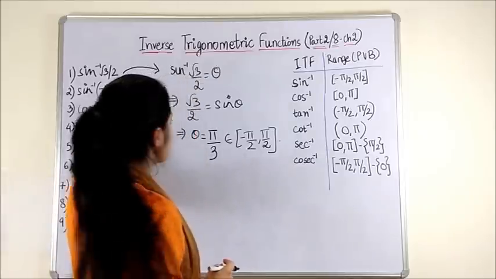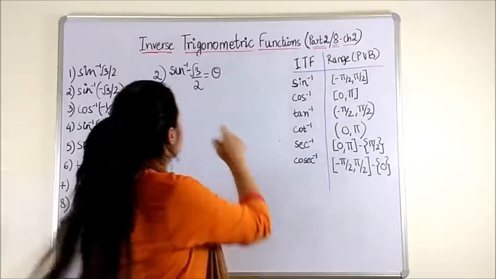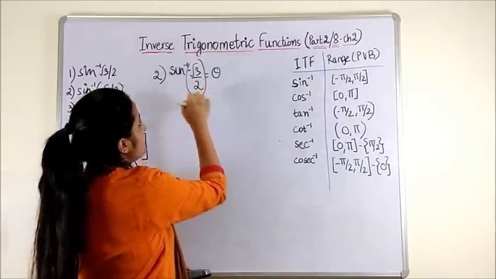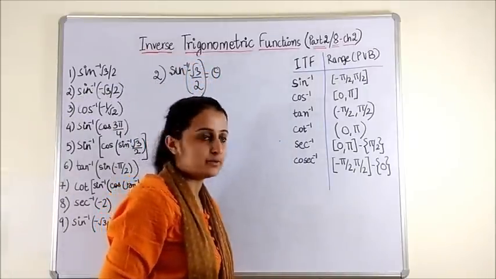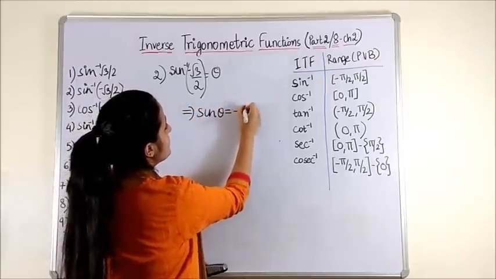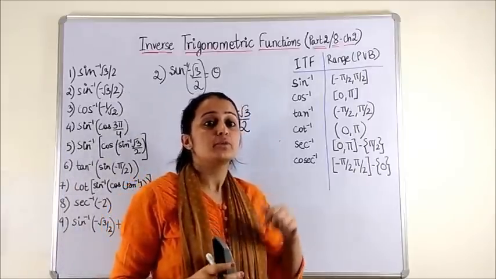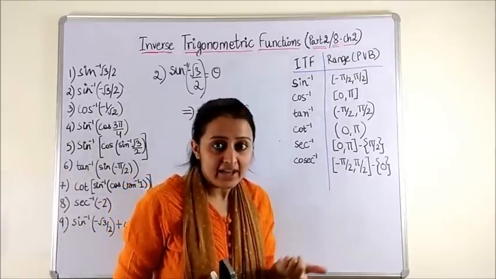Similarly, dealing with the second question now. If we have sine inverse of minus root 3 by 2 equal to theta, that means once again sine theta is minus root 3 by 2. Now, which is that quadrant which would give us the sign as negative?